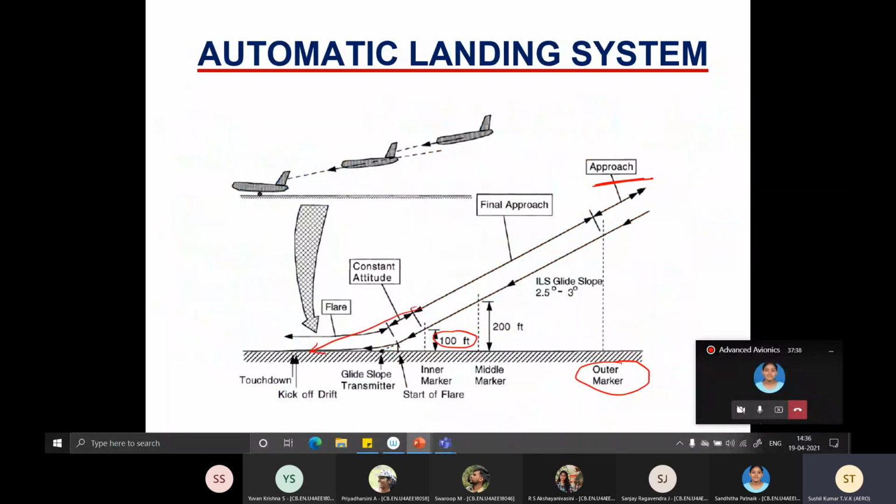So you want to flare, take an exponential flight path so that the landing is soft, otherwise you're going to have a very hard landing. So this flare control can also be automated. That's something we'll see in the next class.